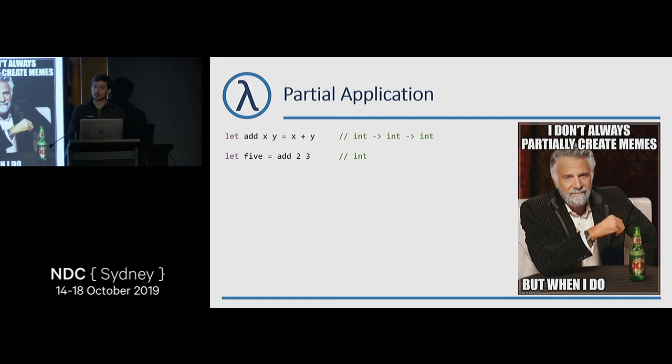But we can only call it with a single parameter as well, like just 1. And we'll get back a function that takes the second parameter and adds 1 to it. So by partially applying the add function, we've actually built ourselves a little increment function. And these partially applied functions, like the increment function, are just like any other function. There's nothing special about them. So we can call it with, say, a value of 2, and we'll get back a 3.